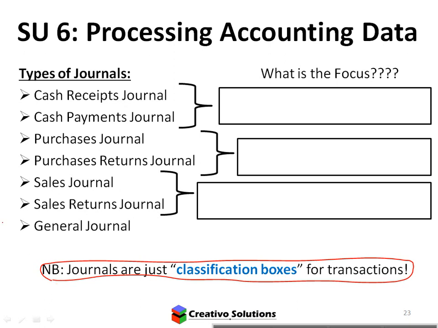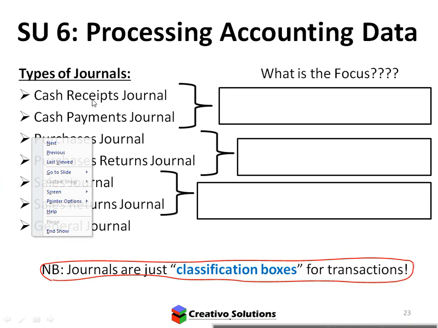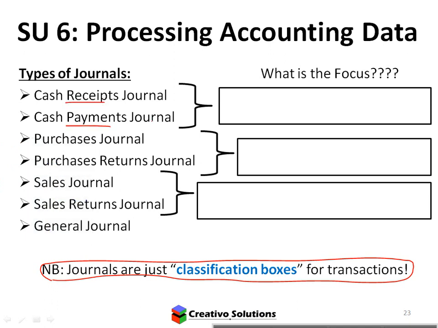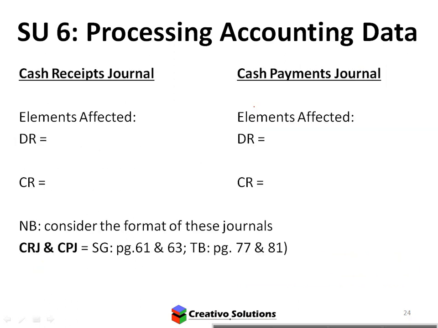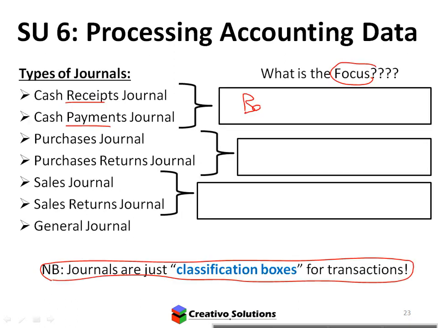If I'm looking at the cash receipts journal and the cash payments journal, if I'm paying or receiving, what account am I always affecting? The bank. I didn't write that in. Let's put it in. Bank, asset, increase or decrease. That's the focus.